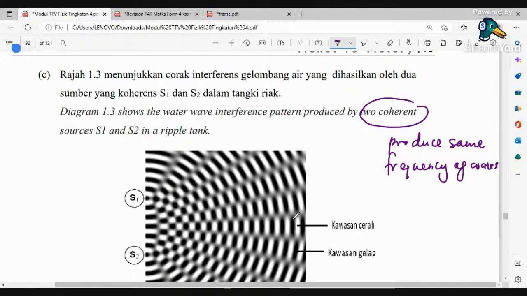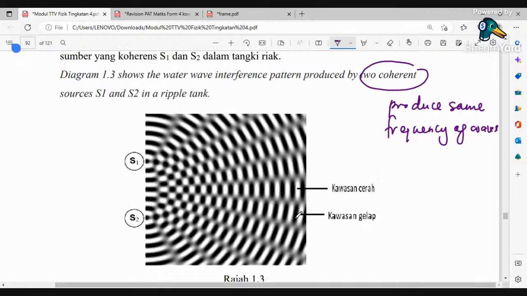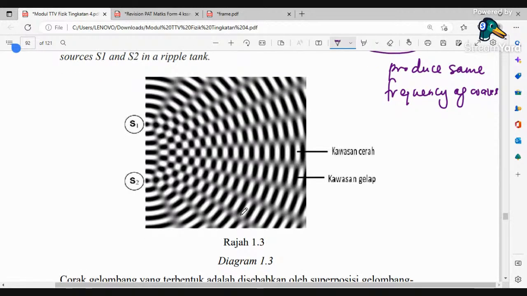Sorry, constructive and destructive. Okay. So the bright and dark actually is caused by light that passes through the surface of water. If constructive passes through constructive, it becomes very bright. Pass through destructive is dark, something like that.